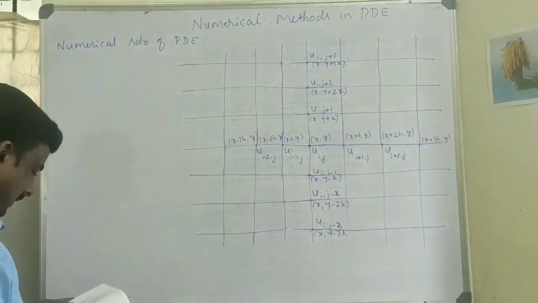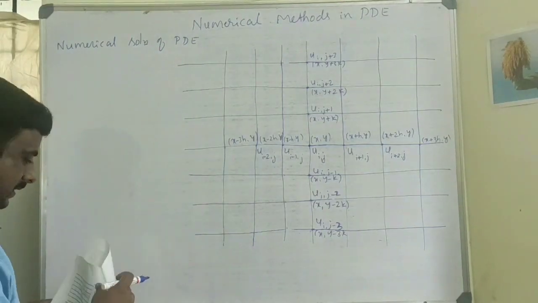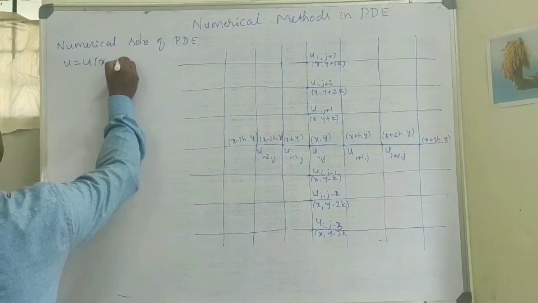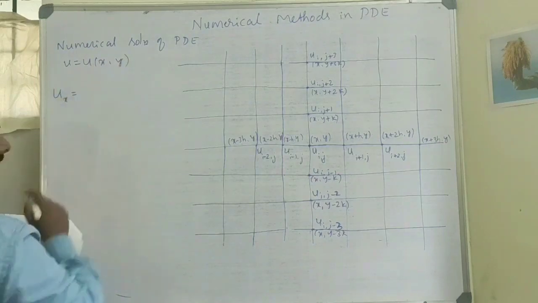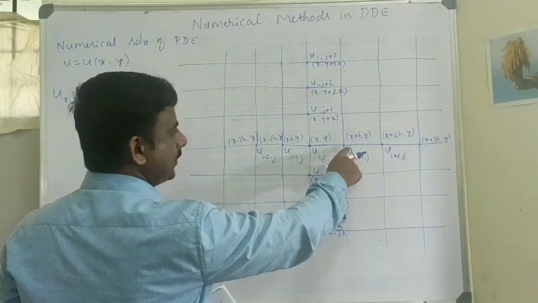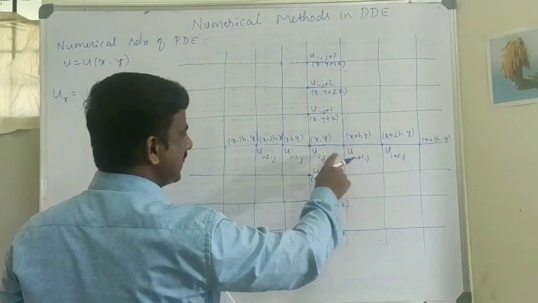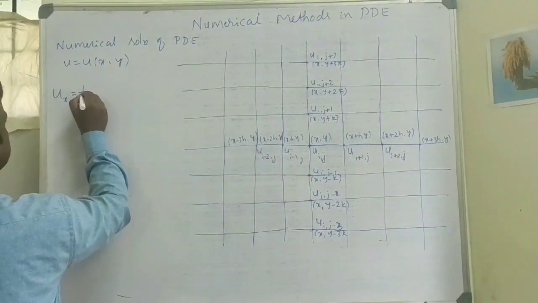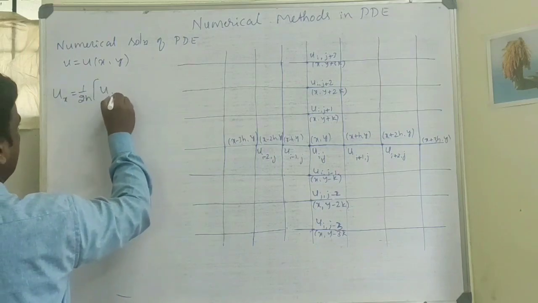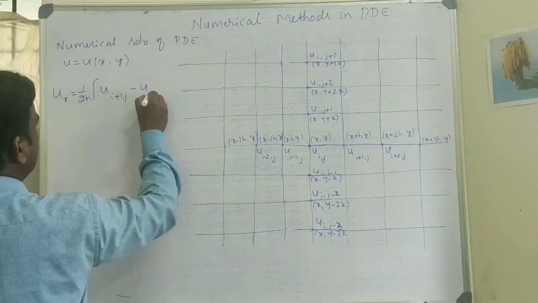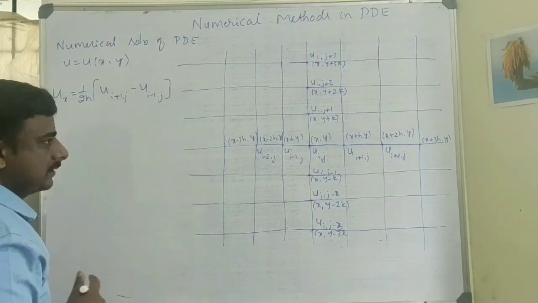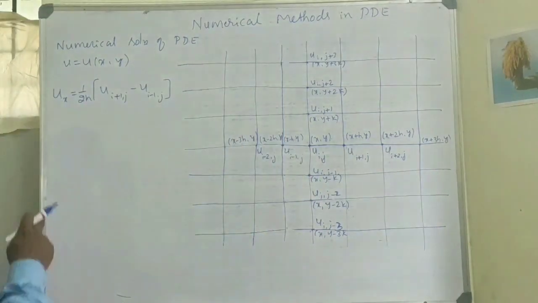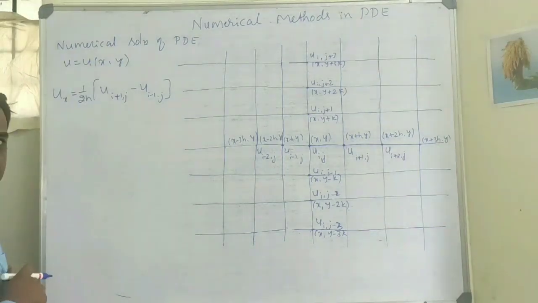These are the points u i j. Now, approximating the derivatives using these points, for any function u equal to u of x comma y, its first order derivative u x is given by 1 by 2h times u of i plus 1 comma j minus u of i minus 1 comma j. 1 by 2h times this point minus this will be the first order partial derivative of the function u of x comma y.